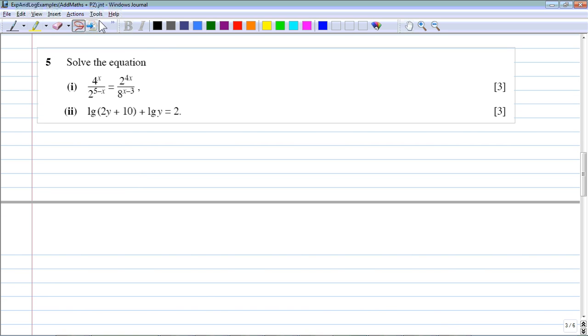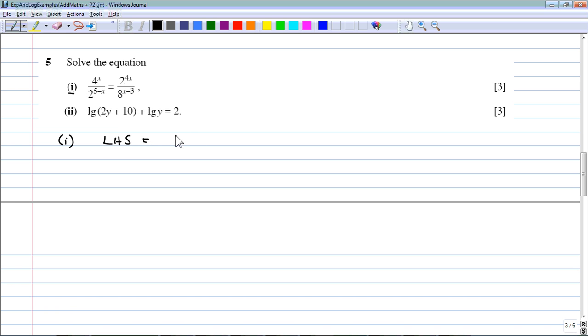Alright, let's look at the first part of this question here. Sorry, let's get the colour right. Okay, so in part 1 we have very simple manipulation of exponents. So let's look at the left hand side.